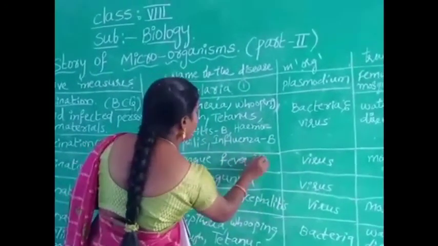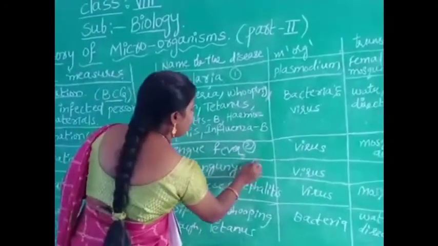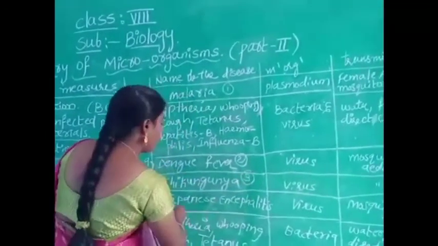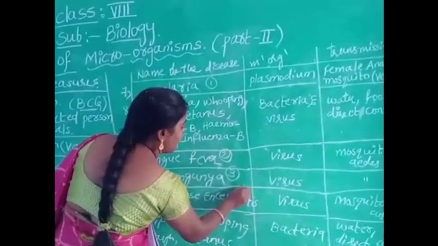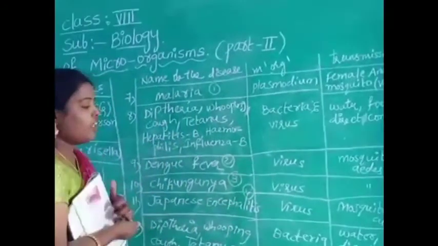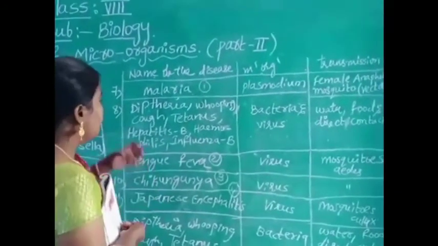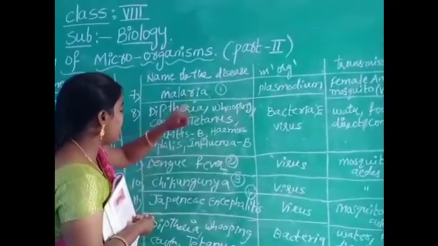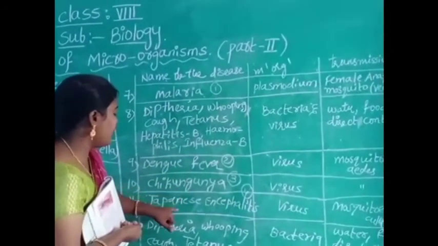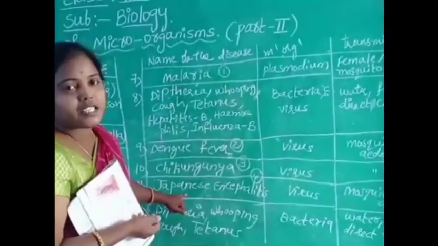Second, dengue fever. Third, chikungunya. Fourth, Japanese encephalitis. If we control mosquitoes, we can prevent malaria, dengue fever, chikungunya and Japanese encephalitis.